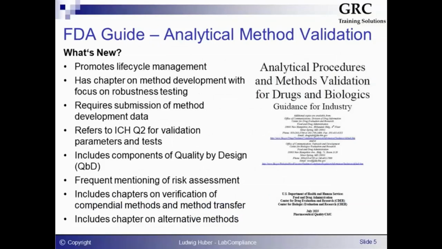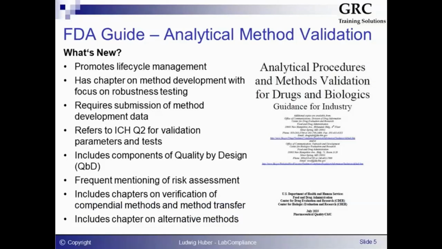I think we now talk about the FDA guidance on analytical method validation. And I have here the things which I consider are new. For example, it really heavily promotes what they call the life cycle management approach.